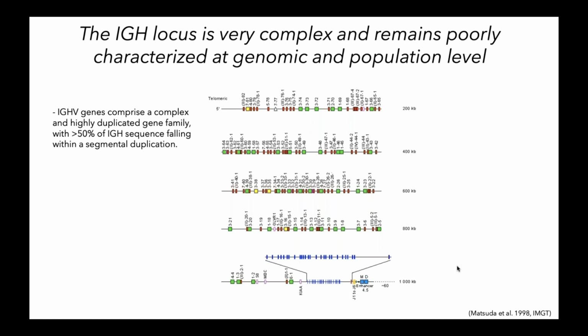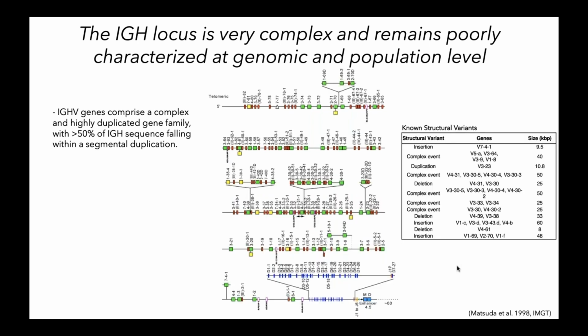And what this basically means is that the locus is incredibly repetitive. And in fact, greater than 50% of the sequence within this 1 megabase region falls within what we would characterize as a segmental duplication or repeat sequence, which means that for many high throughput approaches, it's quite difficult to interrogate.